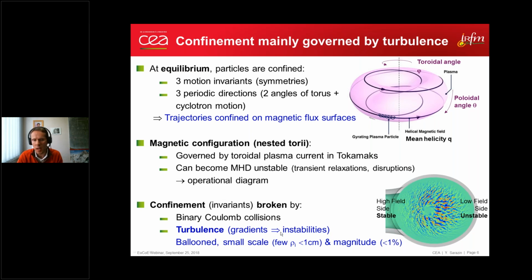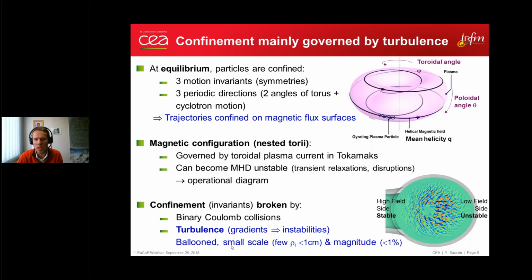And if we look at the turbulence which develops, the main properties of this turbulence are the following. It is ballooned, in the sense that it mostly develops in the low field side region, where the magnetic field is the smallest, because this region is unstable, while the high field side region is stable.